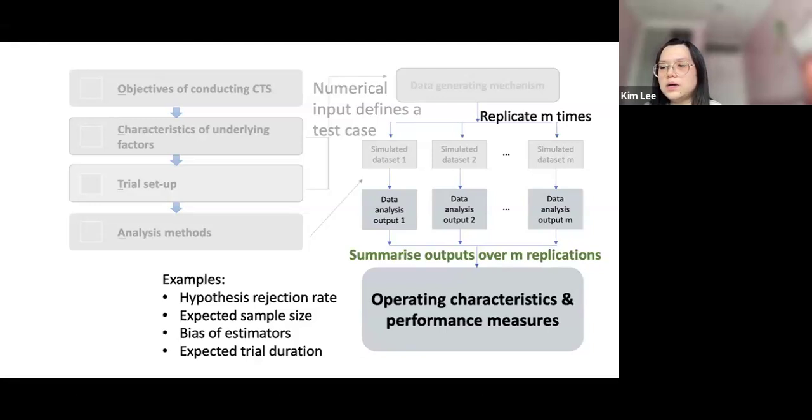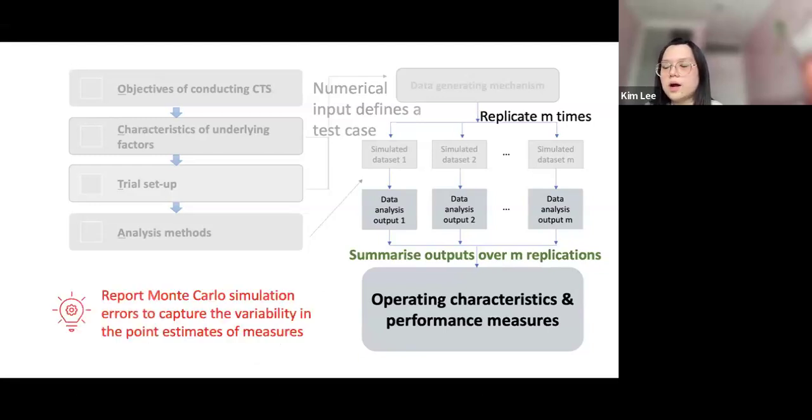Some commonly considered measures include hypothesis rejection rate, expected sample size, expected trial duration, bias, and mean square error of estimator, and so on. Since clinical trial simulation give empirical values to this measure, good practice should report the Monte Carlo simulation error to capture the variability in the point estimates of these measures.